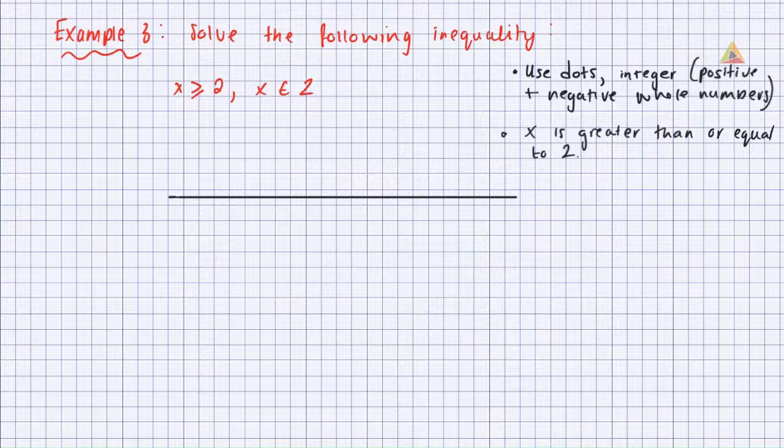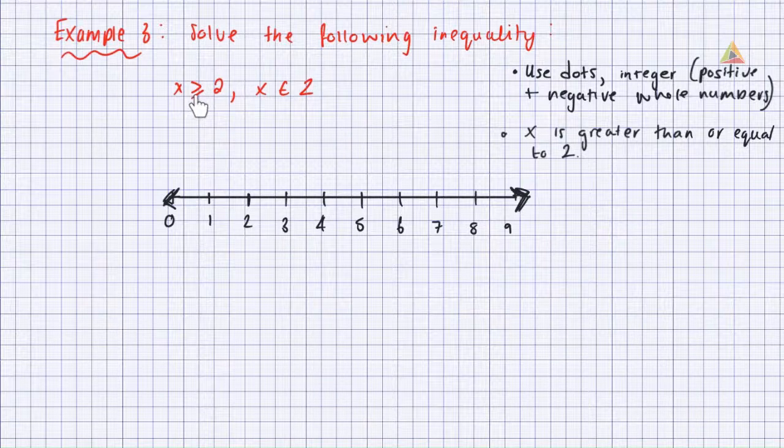So I would put 0 here and I'd go up then. So 1, 2, 3, 4, 5, 6, 7, 8, 9. Now again, it doesn't matter how far up or how far down you go, as long as you're representing the inequality correctly. So we know we're going to be using dots because it's an integer.